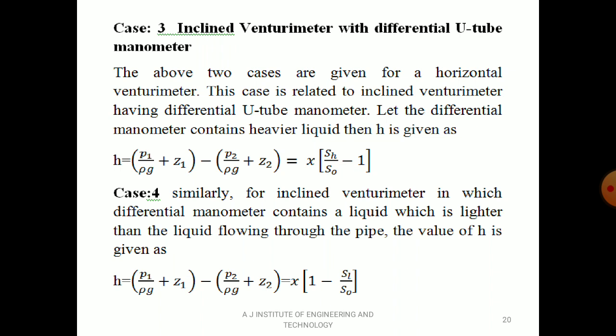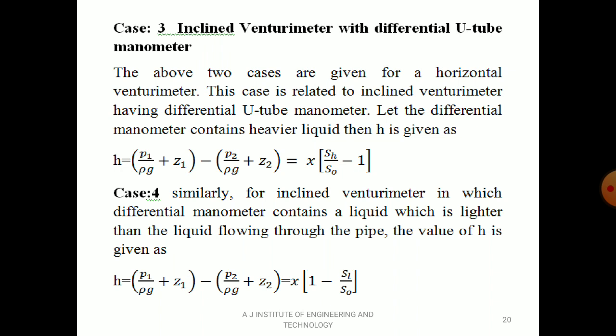H equal to P1 divided by rho g plus Z1 minus P2 divided by rho g plus Z2, equal to X into 1 minus SL divided by SO. What is SL? SL is the specific gravity of the lighter liquid and SO is the specific gravity of the flowing fluid.